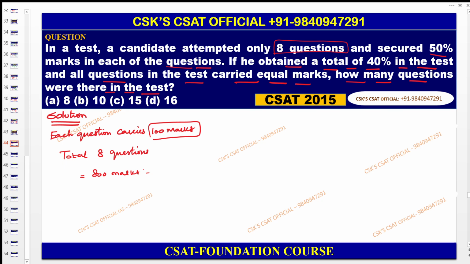Then any other data provided here? In how many questions here secured 50% of the mark in each question. So therefore let us take 50% of this one. So 50% of 800, which is equal to 400.